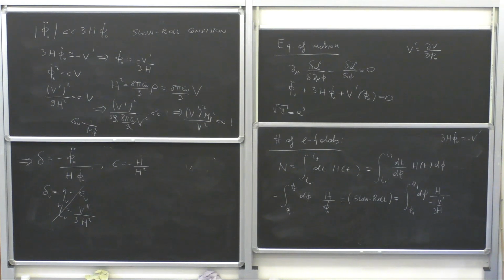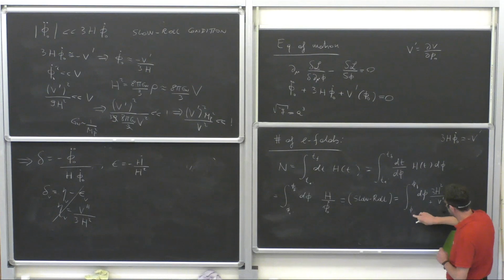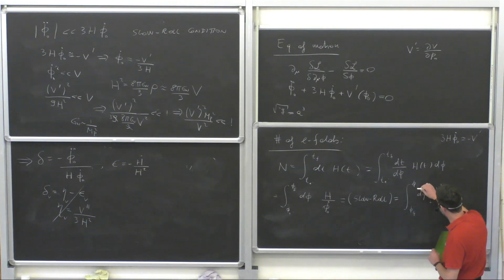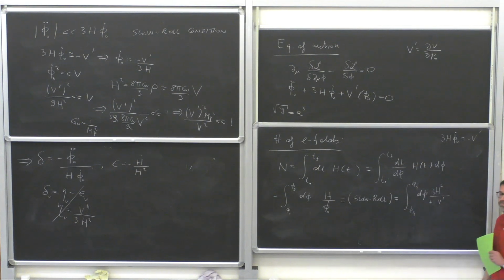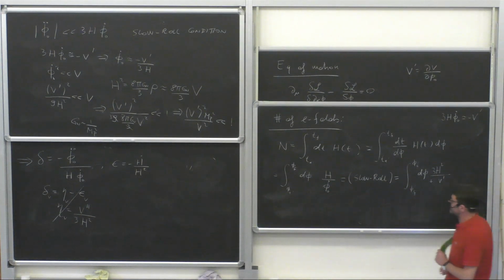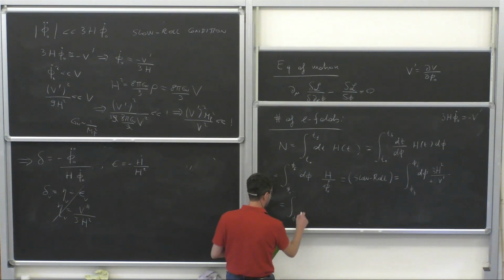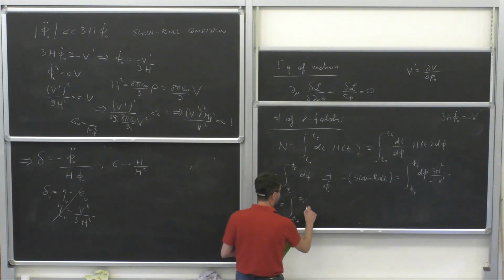Which I rewrite as 3 H squared divided by V prime. And I also change the sign, so this is phi_f and this is phi_i. Now I write this as an integral from phi final to phi initial in d phi.